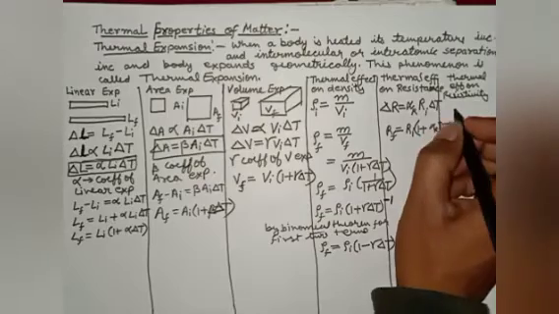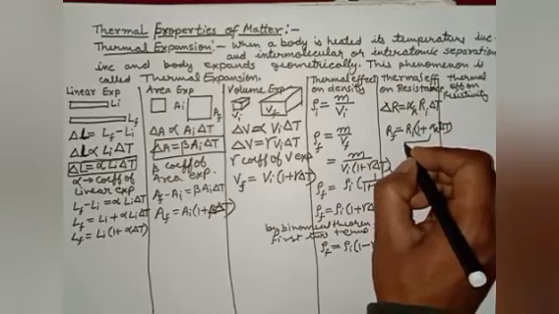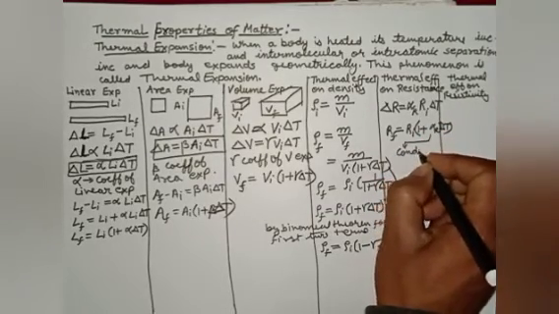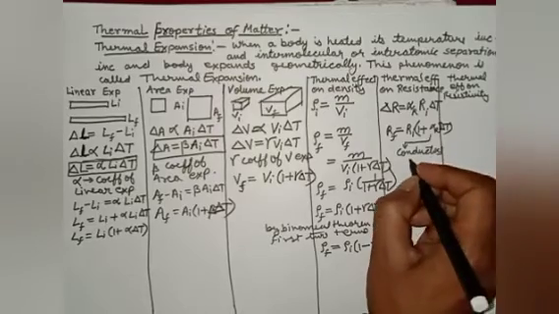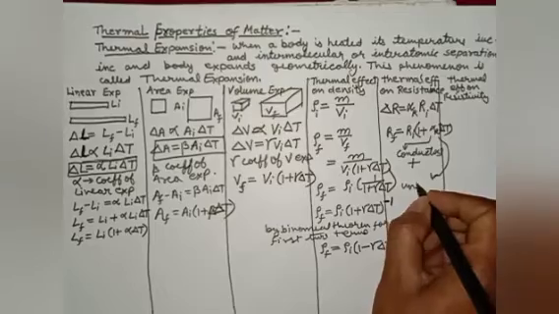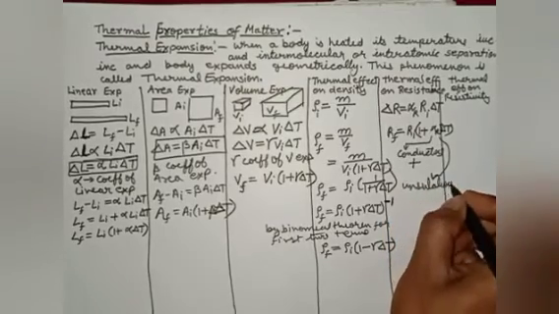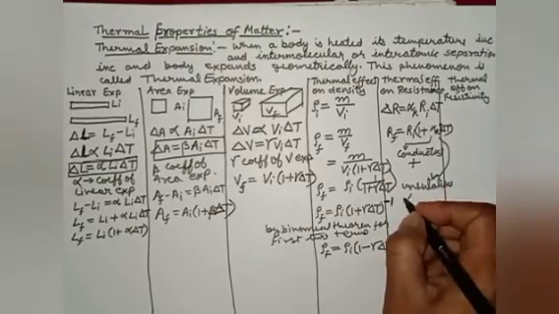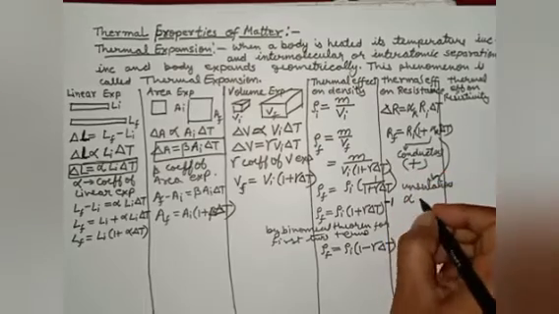And remember this alpha is positive for conductors, and for insulators alpha is negative.